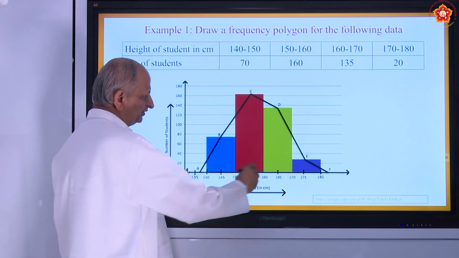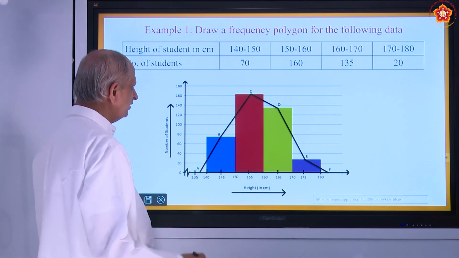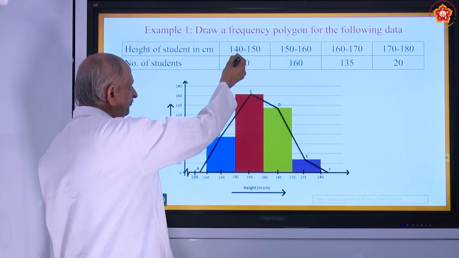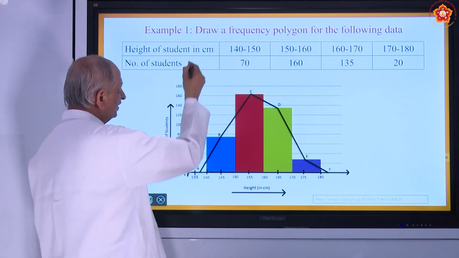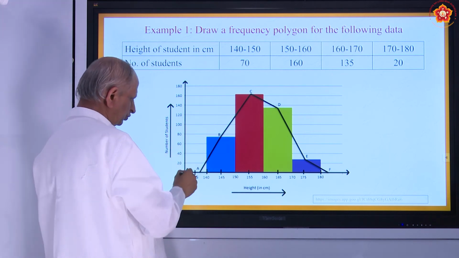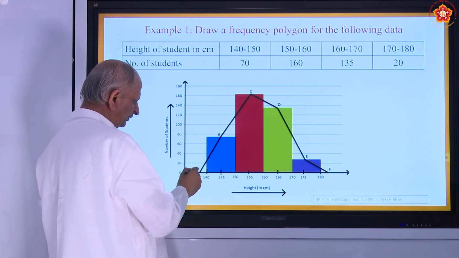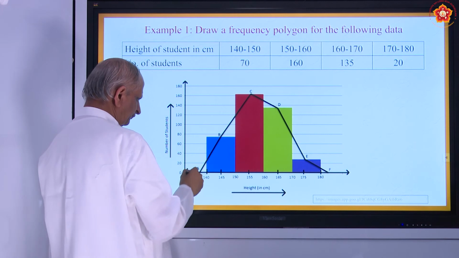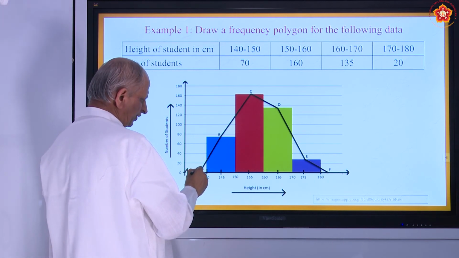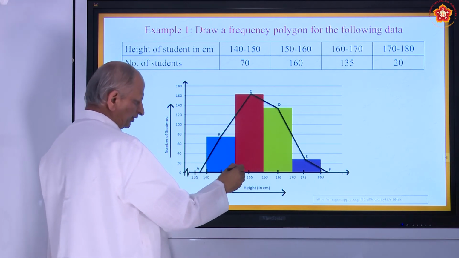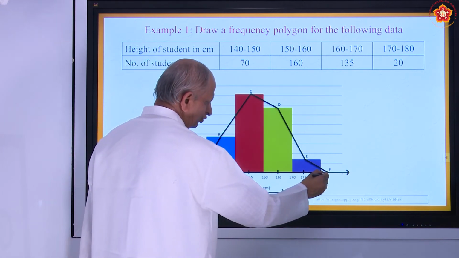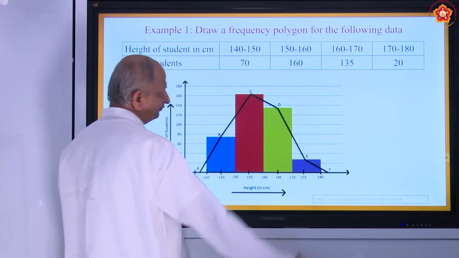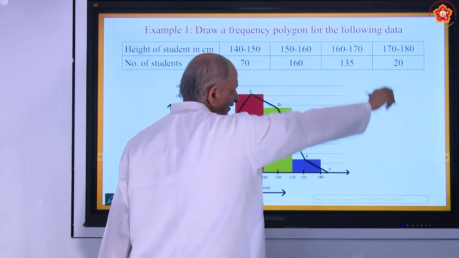Here the x-axis, the horizontal line, is drawn starting from 140. Previous to that there will be 130 to 140. So the midpoint of 130 to 140 is 135. From 135, for every centimeter you are marking 135, 140, 145 like that up to 185, because 180 is there.